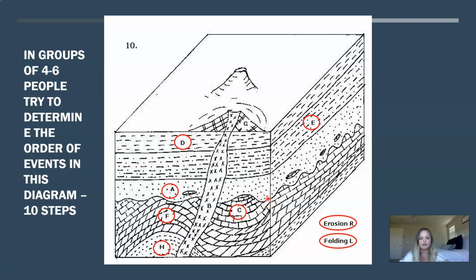Either way, on like a lab or an activity, I'll try not to give you anything super ambiguous. I'll kind of accept either one. But for now, similar to the magma chambers situation, we'll say that B had to exist first before G. Okay? So G would be our youngest layer.